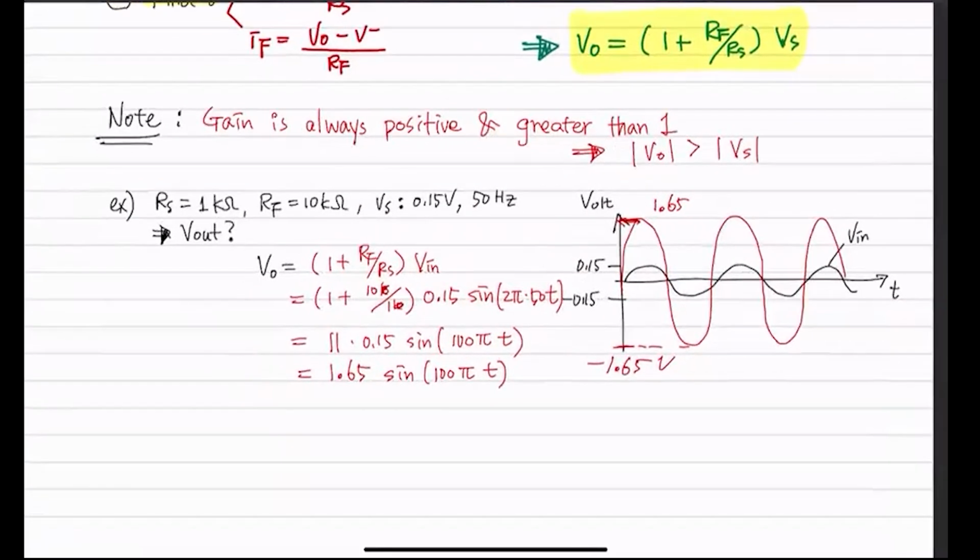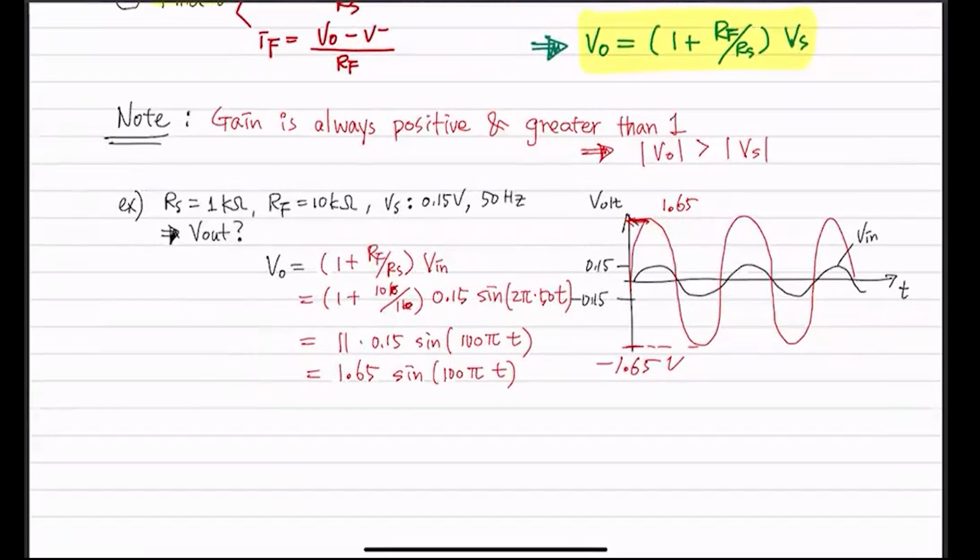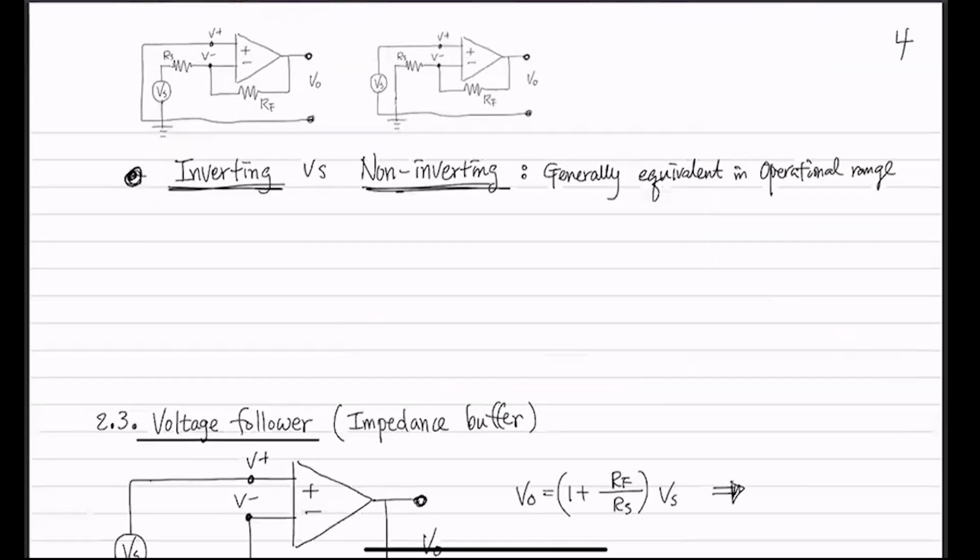However, in this case, slightly different, 1.65, because it's 1 plus RF over RS, and it's in the same sign. If it's positive, your output is positive. If your input is negative, your output is negative. All right? So I wanted to keep these two together because they are really confusing.